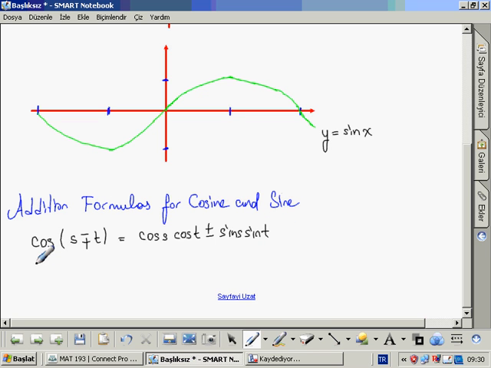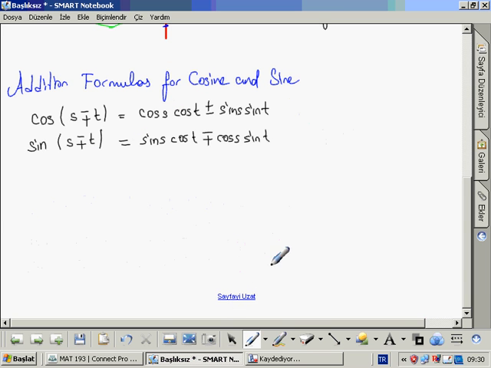And the other formula: sine of s plus or minus t, the sign position will not change, equals sine s cosine t plus or minus cosine s sine t.